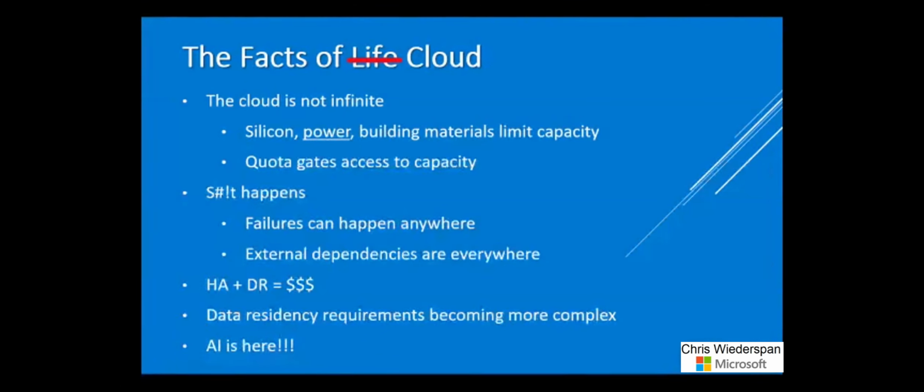So that is becoming a more and more complex issue to deal with. And then the third one, AI is here, right? I think probably everybody in this room has gotten a grasp of that, that it's here to stay, it's moving very fast. If you're not dealing with it in your day jobs yet, you probably will be soon. But we'll talk more about that.